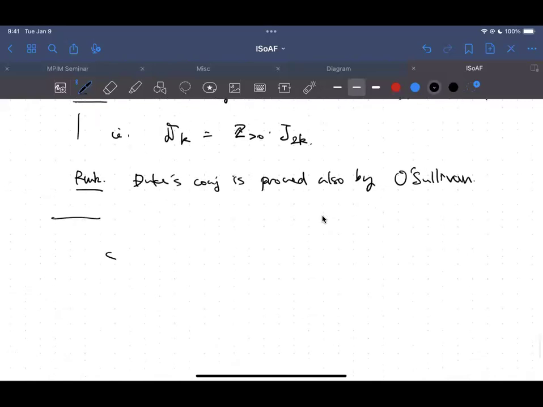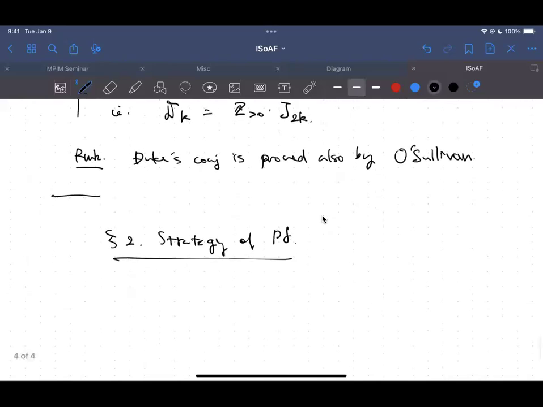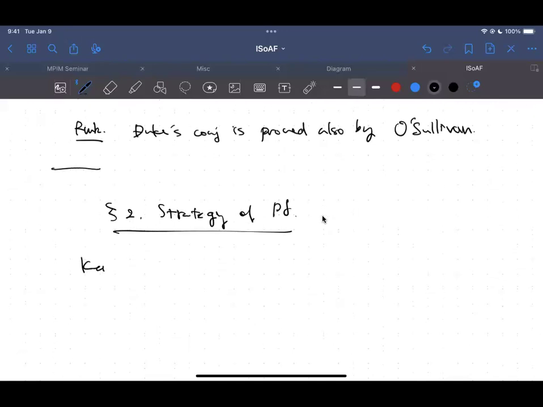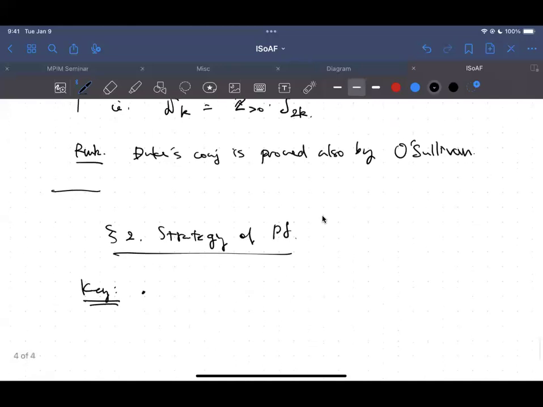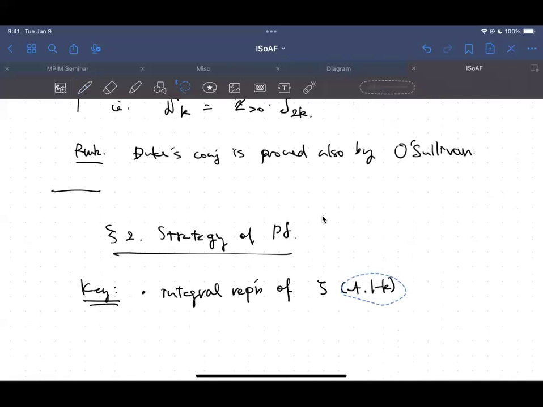So I would like to start explaining the strategy of this proof. There are several ingredients. The first one is the integral representation of the partial zeta values, and its cohomological interpretation.